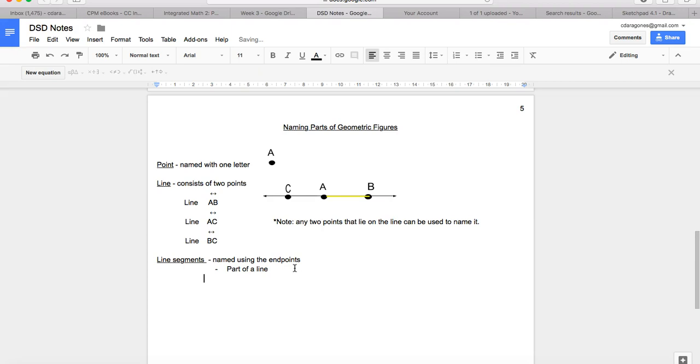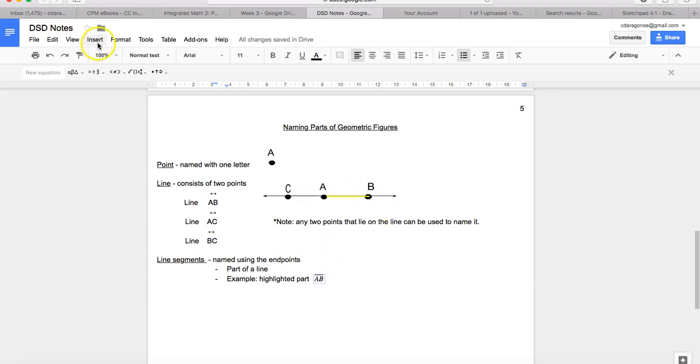So the highlighted part is line segment AB, and the way you do that is you put a line on top of the letters. Instead of having arrows, you see how for a line the line above it has arrows to indicate it goes on forever. A line segment doesn't have those arrows because you're essentially saying the line segment stops at A and stops at B, doesn't keep on going, okay?